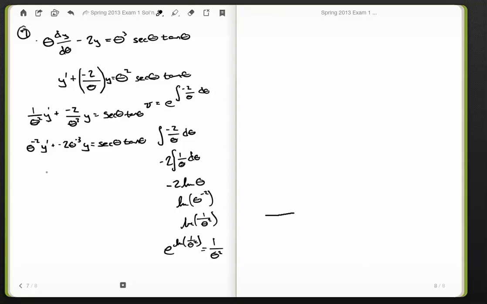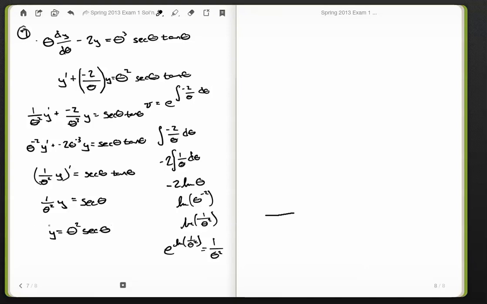Our two functions here are 1 over theta squared and y, so the derivative of 1 over theta squared y equals secant theta tangent theta. So I integrate both sides and I get 1 over theta squared y equals the integral of secant tangent, which is just secant theta. Now I multiply out, y equals theta squared times the secant of theta.